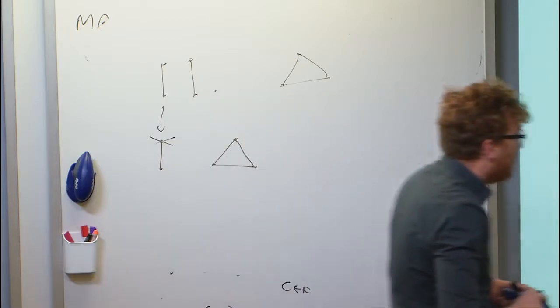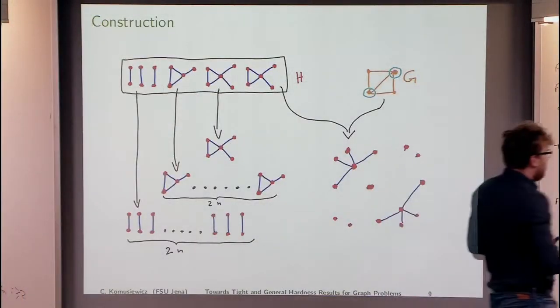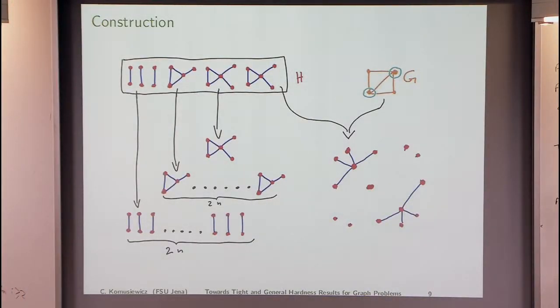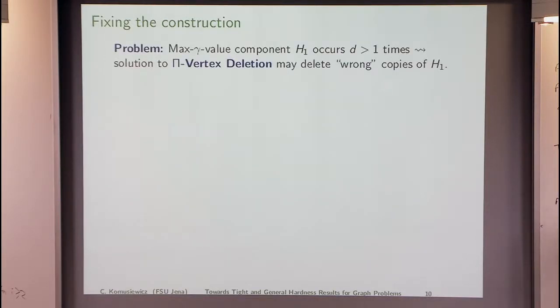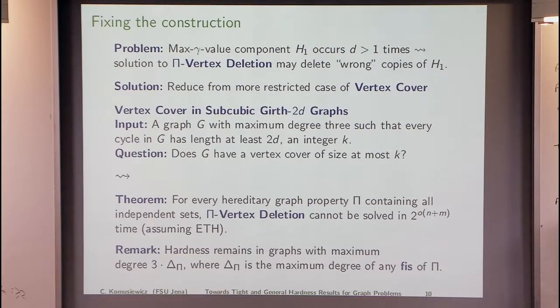Okay, so there's one small thing that we have to do. The problem is if this H1 occurs more than once, we might delete the wrong copies. And the solution is to reduce from a more restricted variant of vertex cover, namely one where we have large girth.